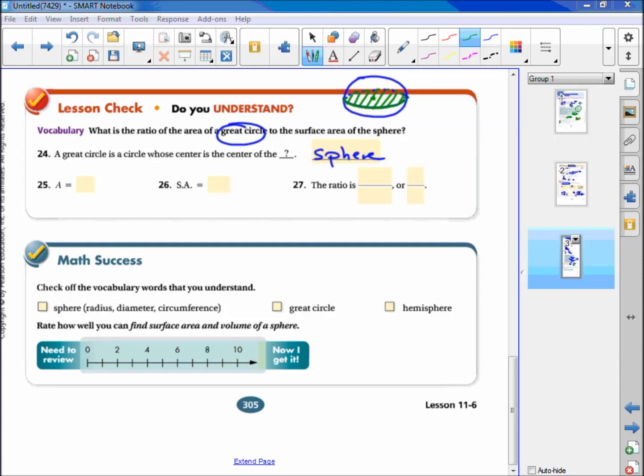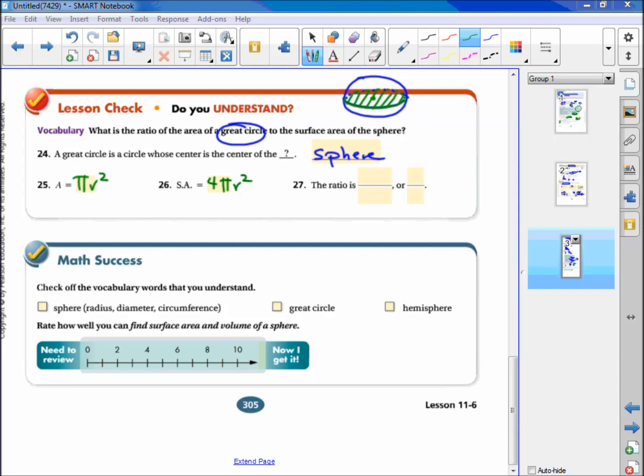The area of that circle is going to be pi r squared. The surface area is going to be 4 pi r squared. Same r in both cases, because the radius of the sphere is the radius of the great circle.